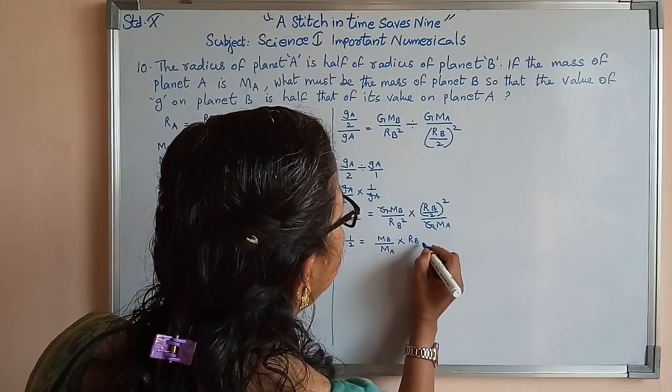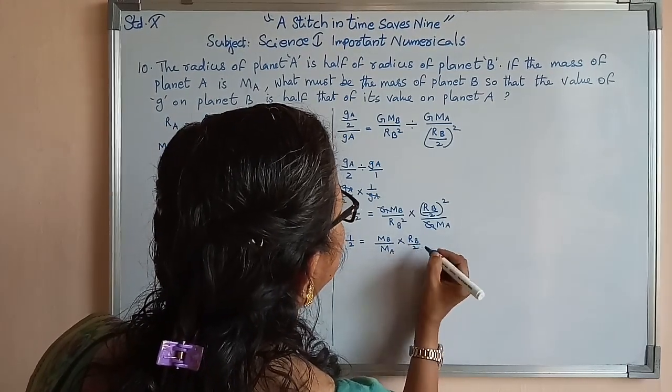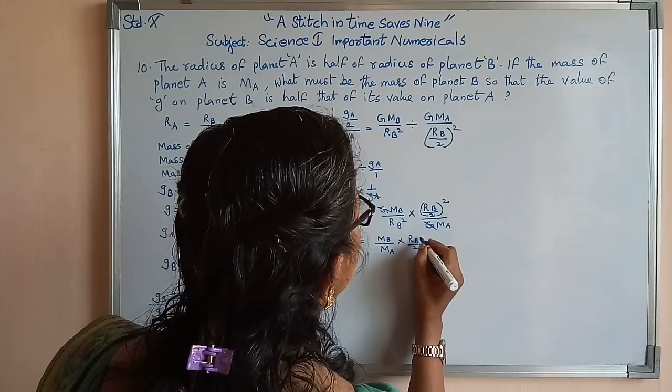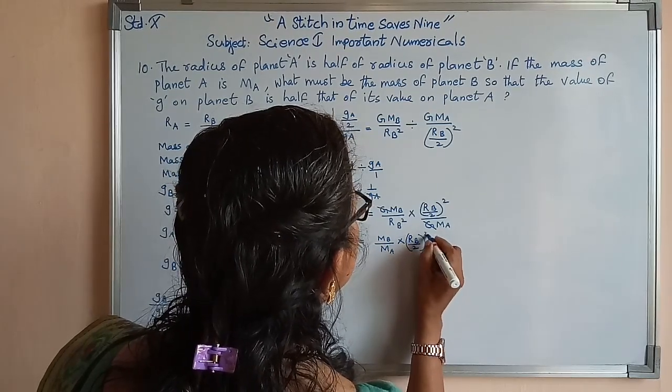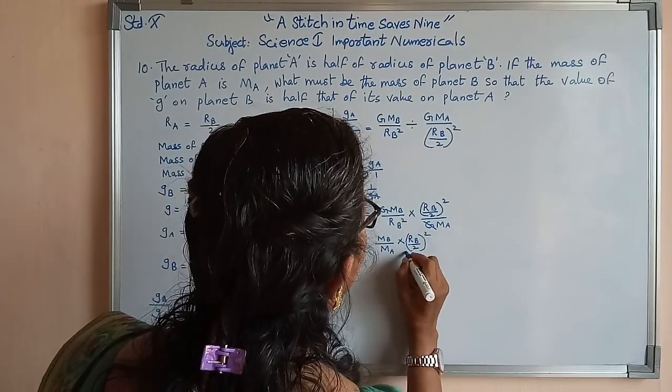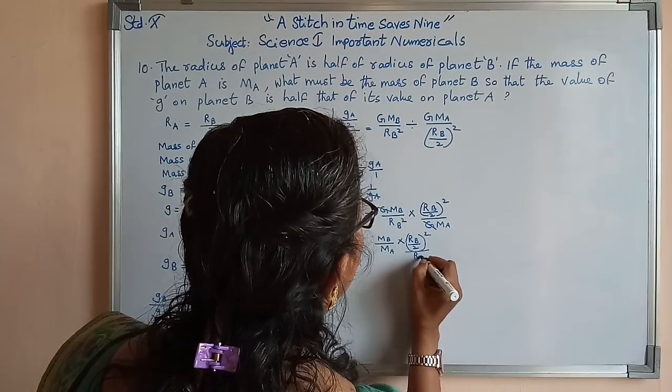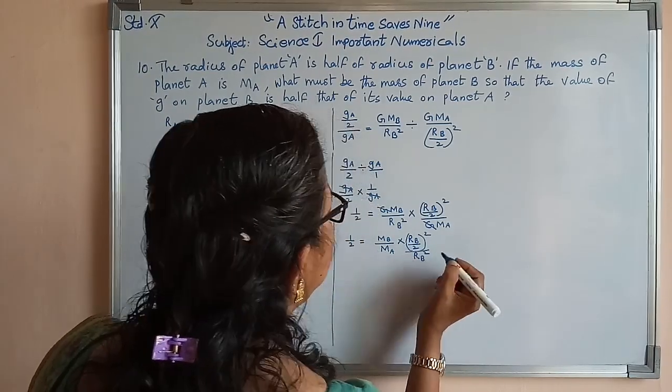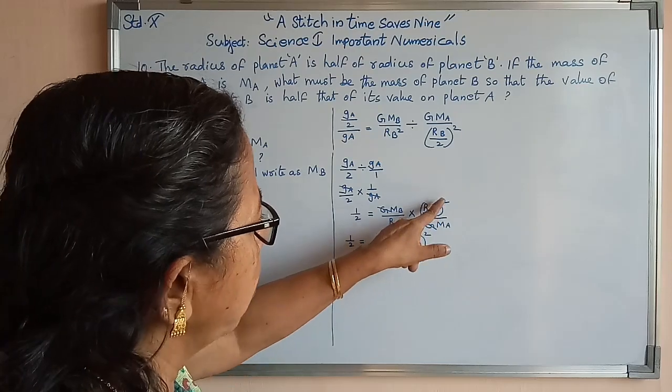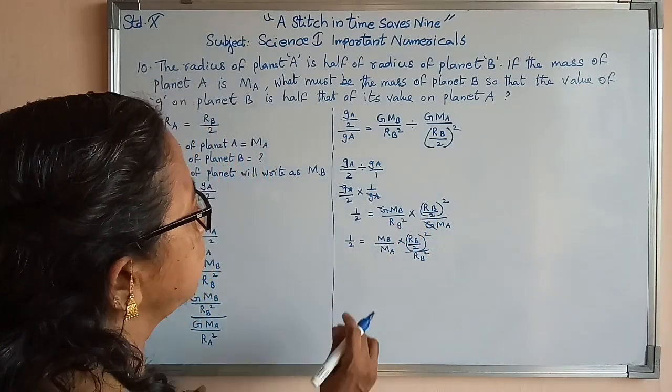RB upon 2 whole square upon RB square. RB upon 2 whole square upon RB square.